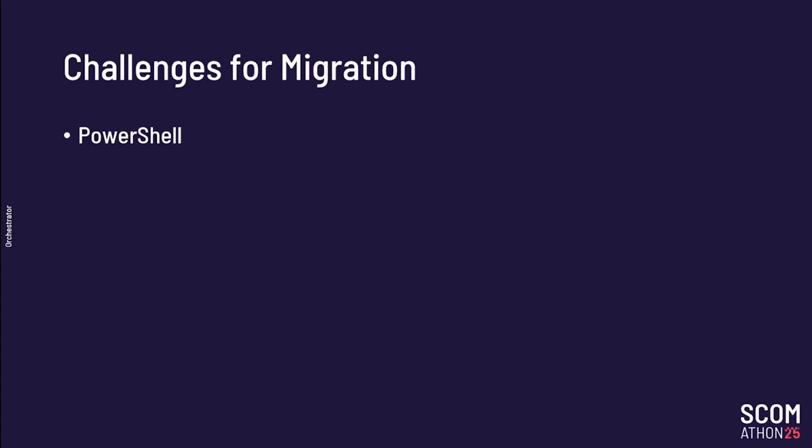So the first one is PowerShell. Because we are now in a 64-bit application, there is a problem with the PowerShell versioning and the script syntax. Historically, PowerShell scripts that Orchestrator ran, because it was 32-bit, were running in PowerShell 1 or PowerShell 2 syntax. With 2025, it now supports PowerShell 6, 7, and whatever the future versions for the operating system will be.